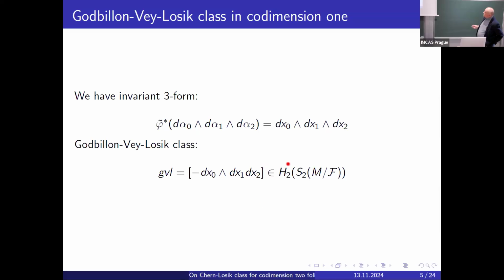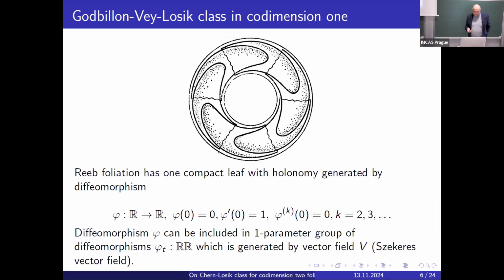This class, okay, this is not correct, not H2, but H3 of S2 MF. And what is known about this class? Let's consider the Reeb foliation. In fact, it's not a unique foliation, but this foliation depends on some function.